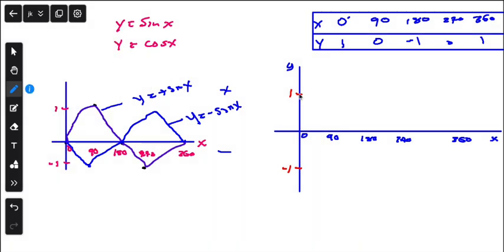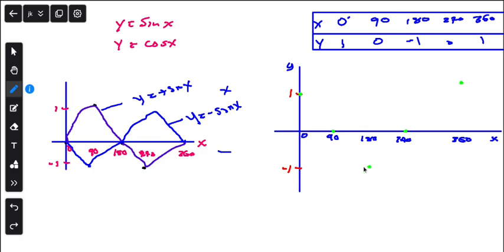So 0, 1 is here, then 90, 0 as you can see is here, then 180, negative 1 is somewhere here, then 270, 0 is somewhere here, then 360, 1 is somewhere here.